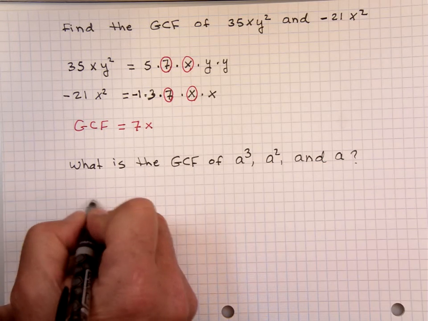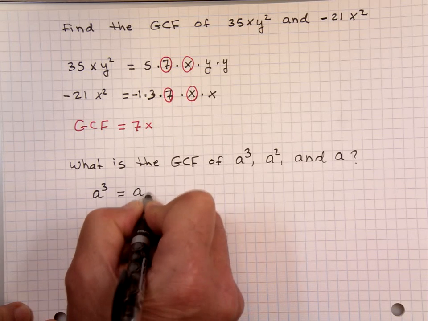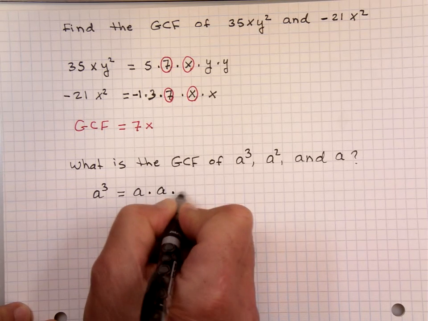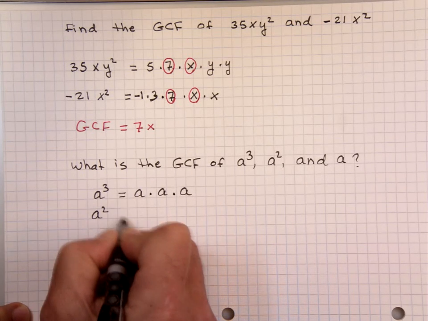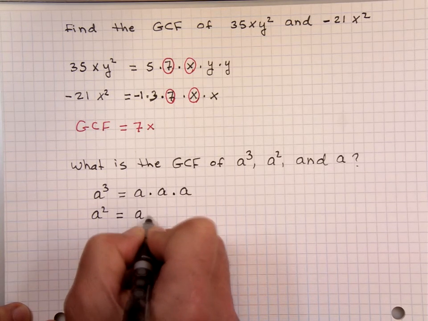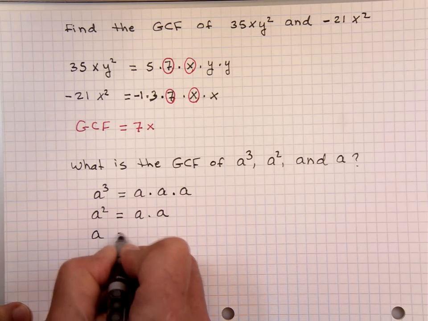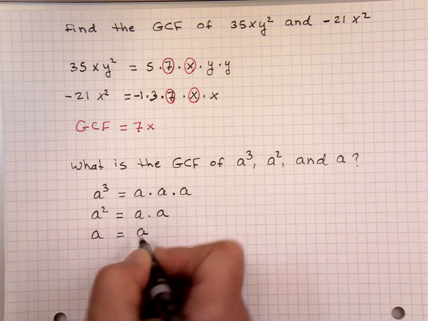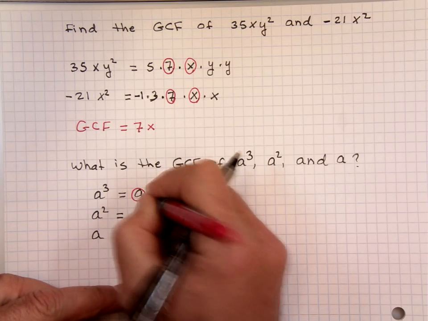Here we go. A to the third, I can write that as a times a times a. 3 of them. A squared, I can write that as a times a. 2 of them. A, there's only 1 of them. So the greatest common factor, only 1a.